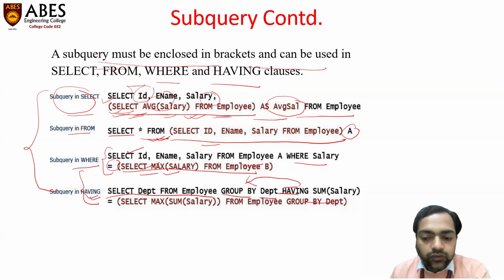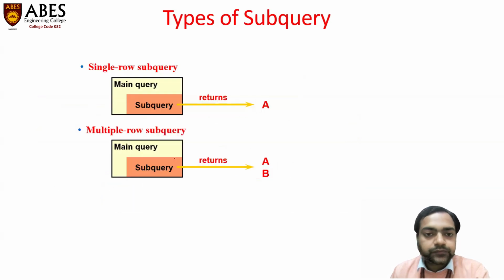And after that we have used sum of salary is equal to, and after that we have provided basically one subquery. So in this case, first of all, it will execute the inner query. After that it will provide some output, and it will give it to the outer query, right? So in this manner, a subquery can be embedded with the select clause, from clause, where clause, and having clause.